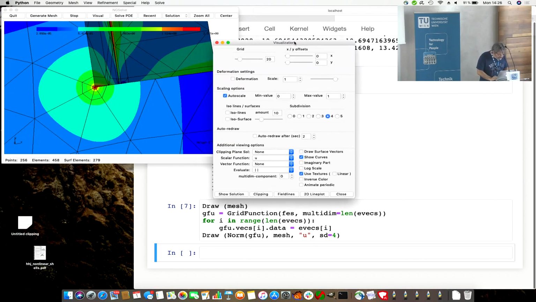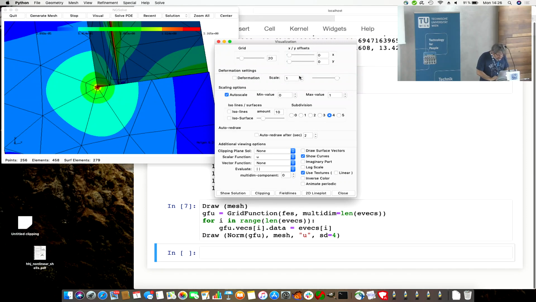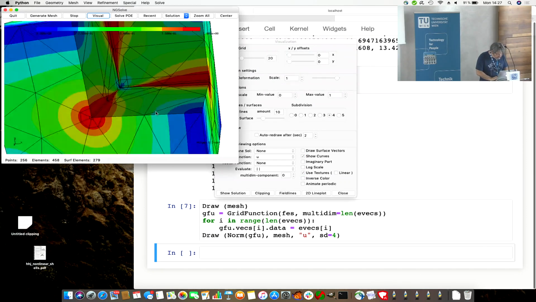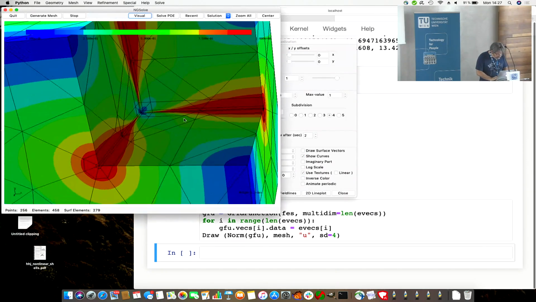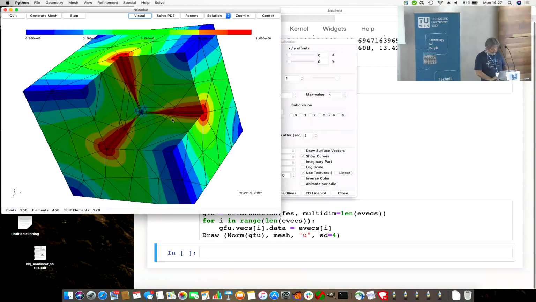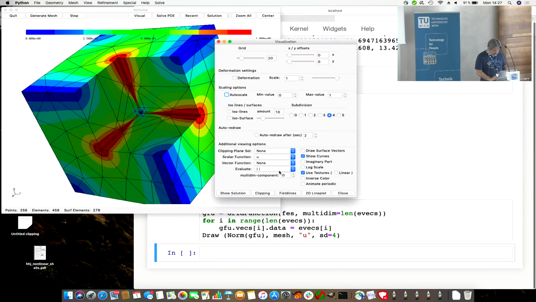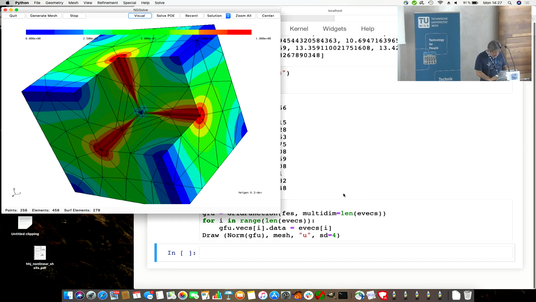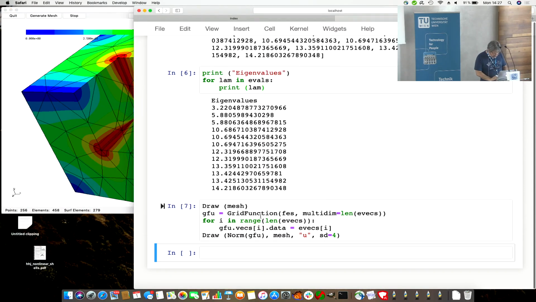With the max value, how to adjust it to 1. And you can look also at the different. Oh no, we have a different here.